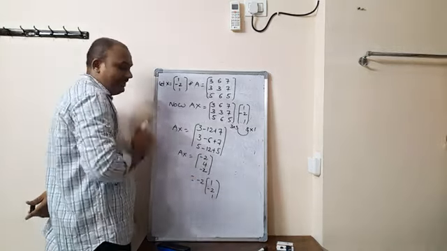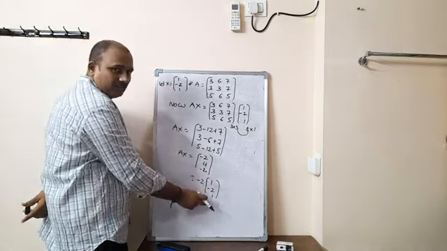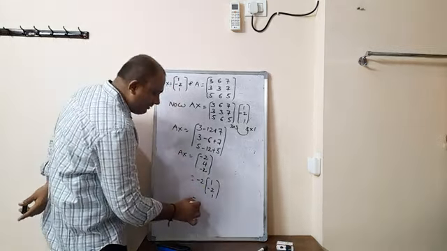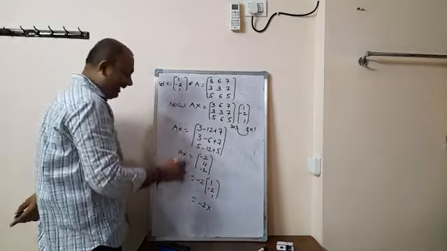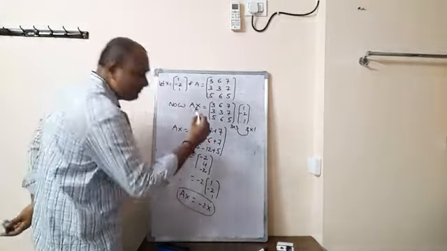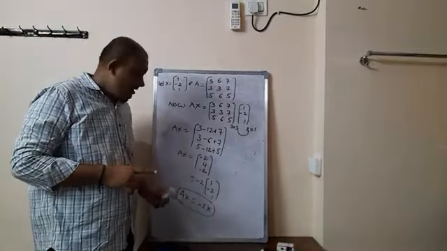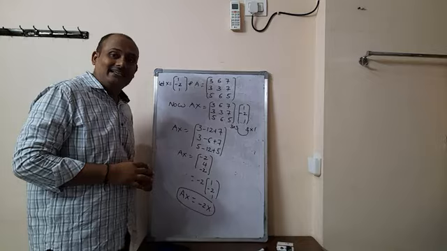Minus 2 into 1, minus 2. We get 1, minus 2, 1, which is nothing but x. That is Ax equals to minus 2x. That is Ax equals to lambda x.